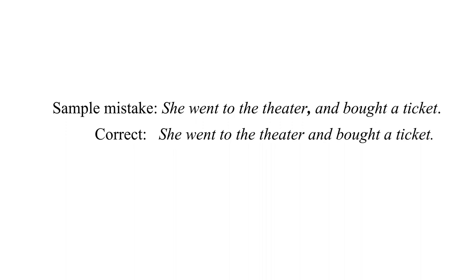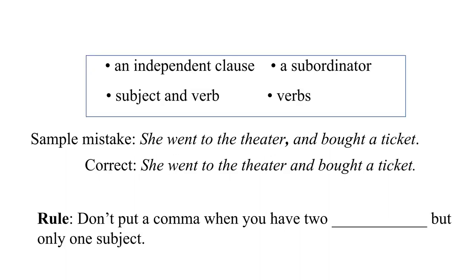So here is the clue. We give the mistake and the correction. Now, they need to think about what is the difference between these two sentences. And here are the solution possibilities. I'll give you about 15 seconds to fill in the rule below.